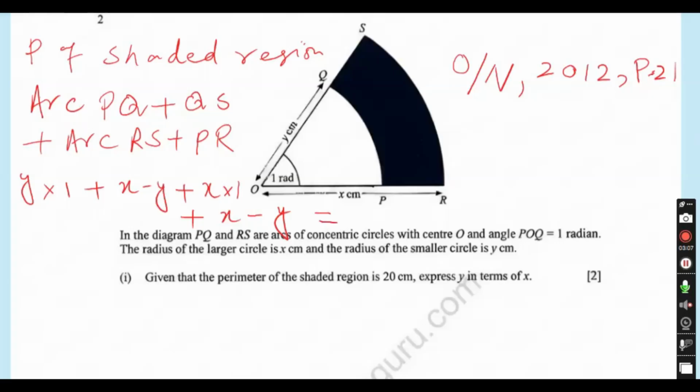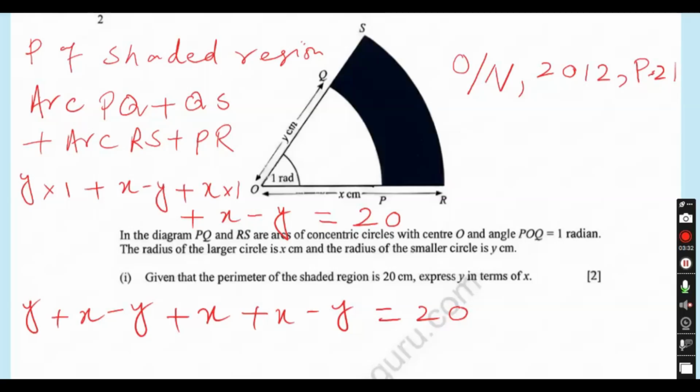And the value of this shaded region given in the question is 20 centimeter. Now y into 1 is y, plus x minus y, plus x into 1 is x, plus x minus y, is equal to 20. Add all x: 1x, 2x, 3x.